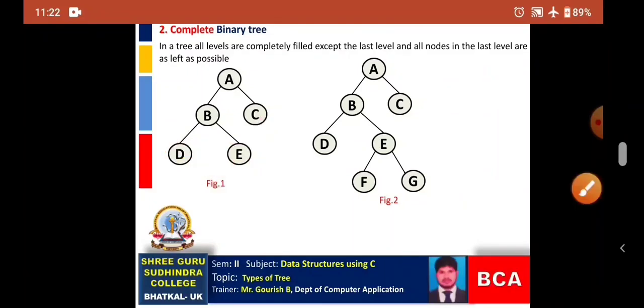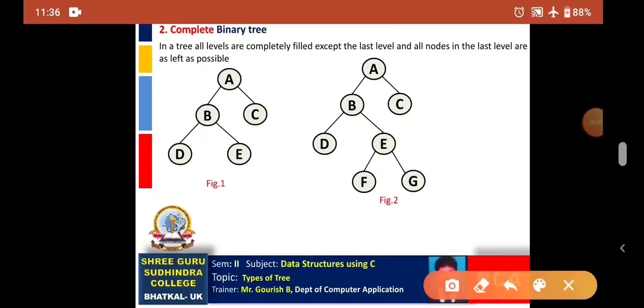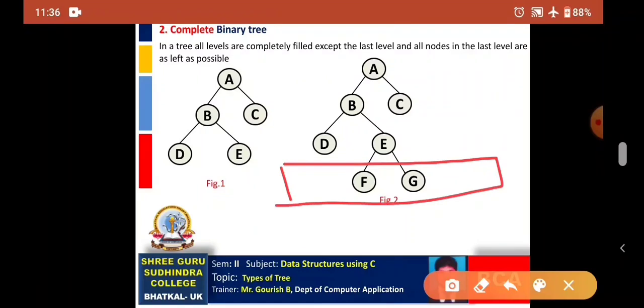Fine. Next, what about figure 2? Is it a complete binary tree? No, it is not a complete binary tree. Why is it not a complete binary tree? So consider the last level. This is the last level, right? In the last level, these children are supposed to be there, right? Because nodes in the last level should be as left as possible.